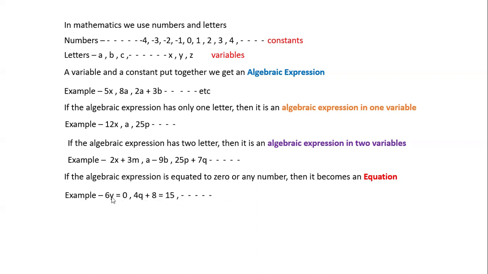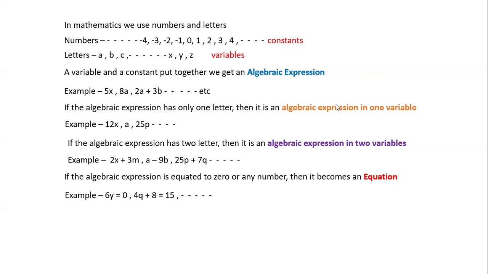For example, minus 6y is equal to 0 is an equation. 4q plus 8 is equal to 15 is an equation. So an algebraic expression equated to some number or 0, we call it an equation.